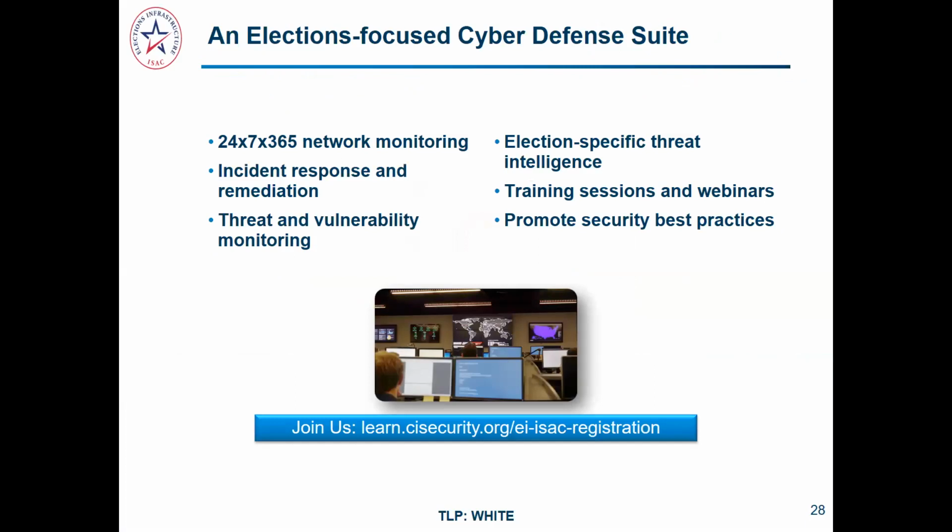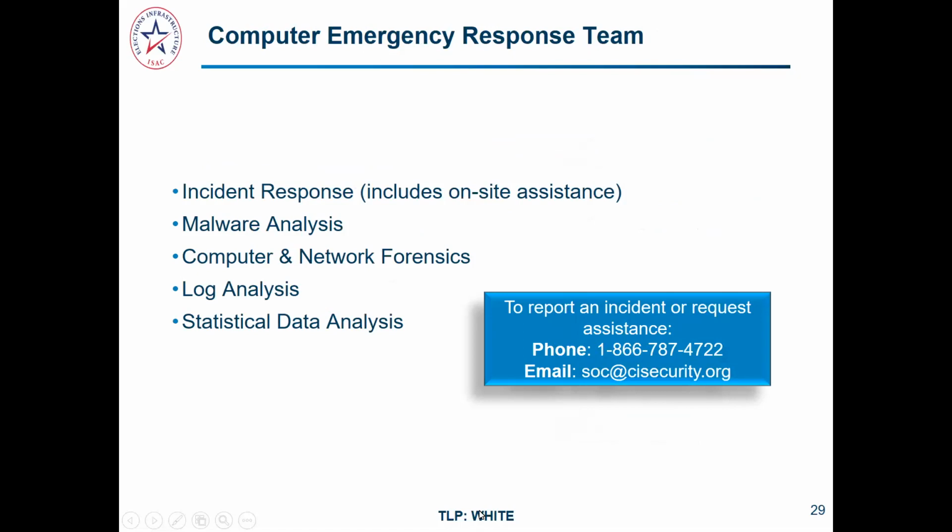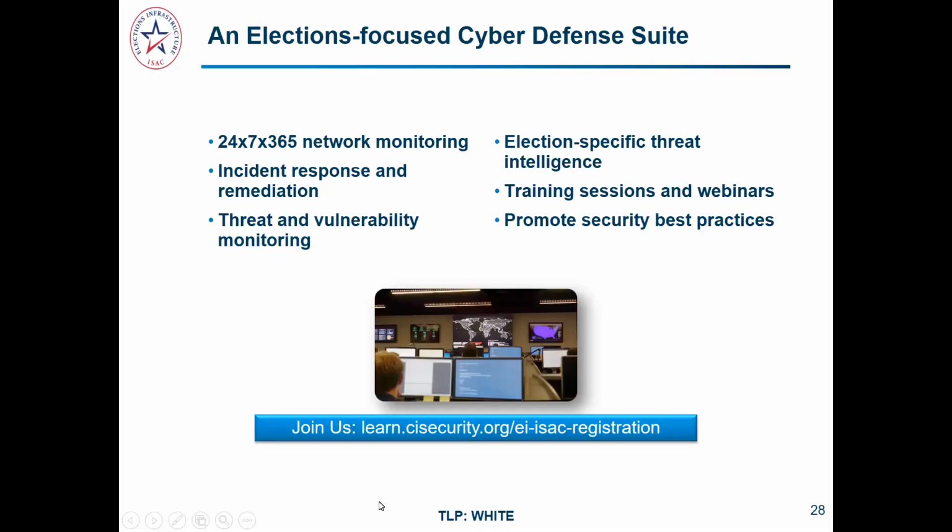What we always like to talk about is that we provide an elections-focused cyber defense suite. We have that 24/7, 365 operations center where we run the network monitoring I mentioned. We have an incident response team that I'll talk about in a second. We have election-specific threat intelligence, and we just walked through a lot of the products we offer there. We also do the threat and vulnerability monitoring that Kateri mentioned.